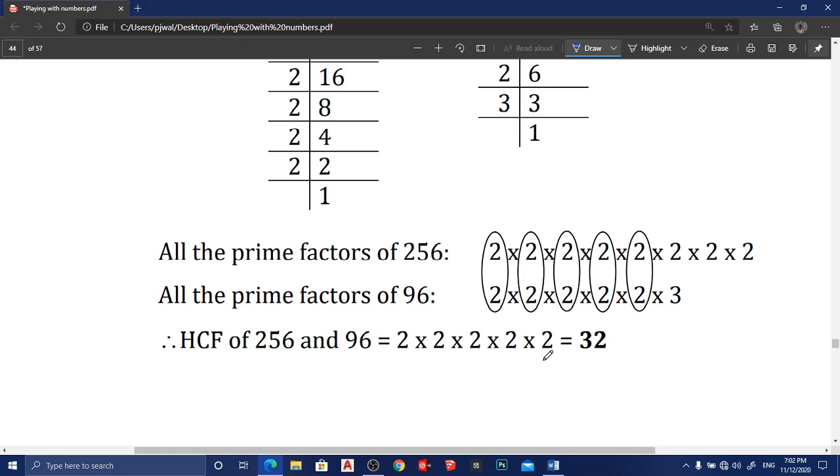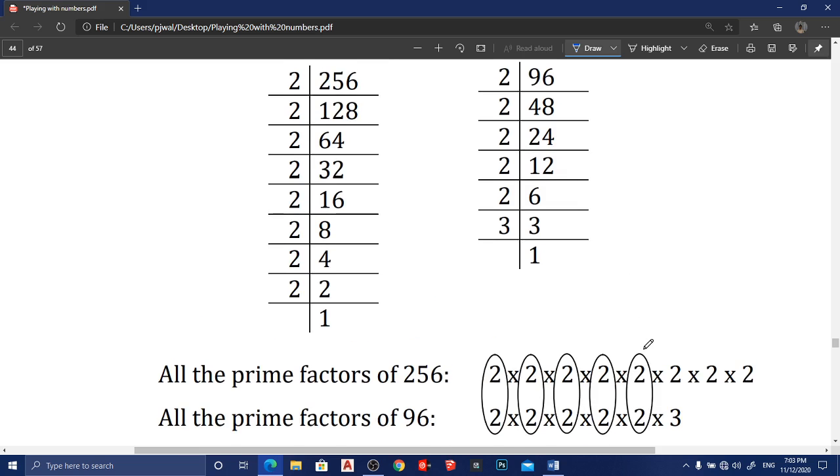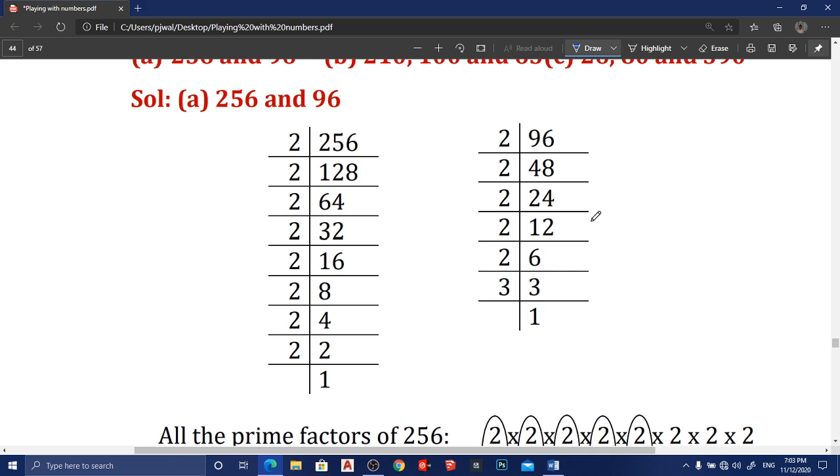But in HCF you have to choose only one out of these common factors, and leave the remaining numbers. That's easy also. So 1 2 3 4 5, only 5 2's you have to take here. So 2 into 2 into 2 into 2 into 2 is 32 only you will get here, because you are leaving all these numbers. So this is the HCF of 256 and 96 using the prime factorization method, taking the prime factors separately.